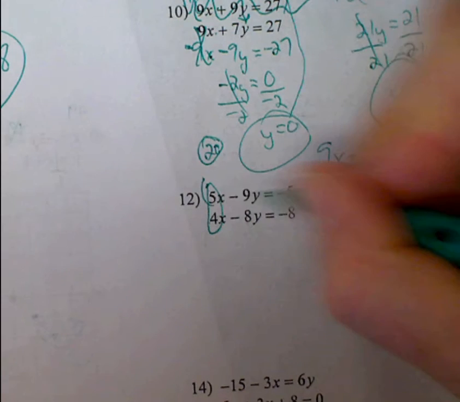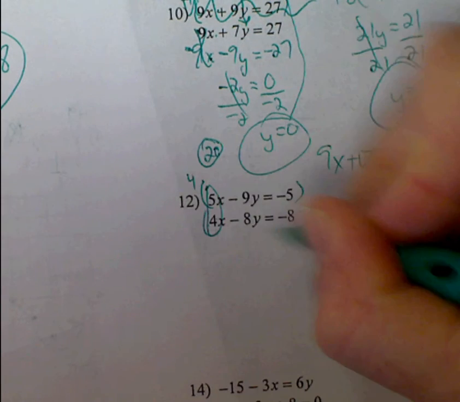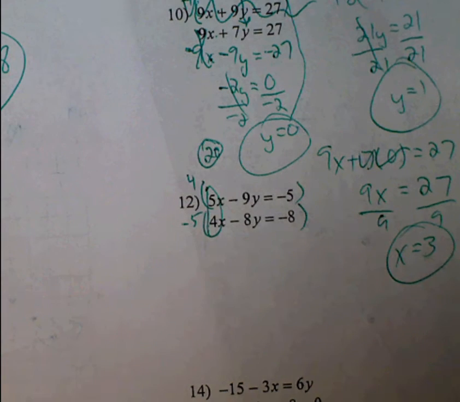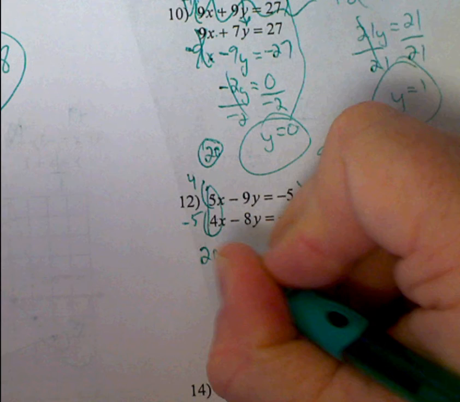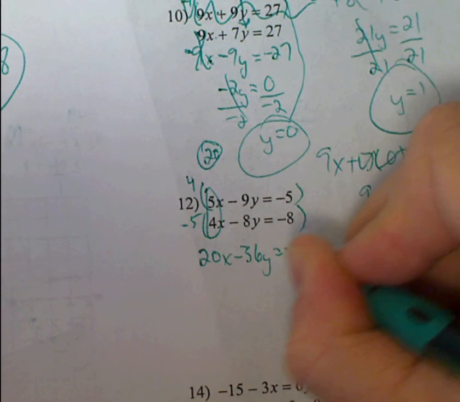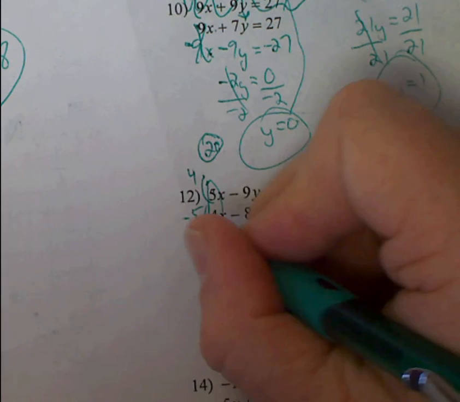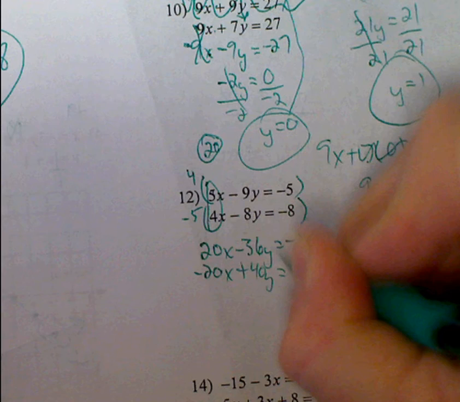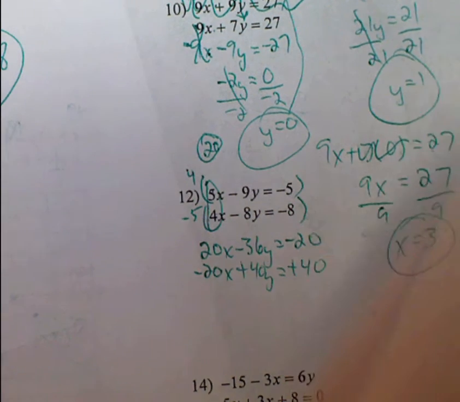So I'm going to multiply this one by positive 4, and I'm going to multiply this by negative 5. That will give me positive 20 and negative 20. So that gives me 20x, negative 36y, negative 20, negative 20x, positive 40y, positive 40.